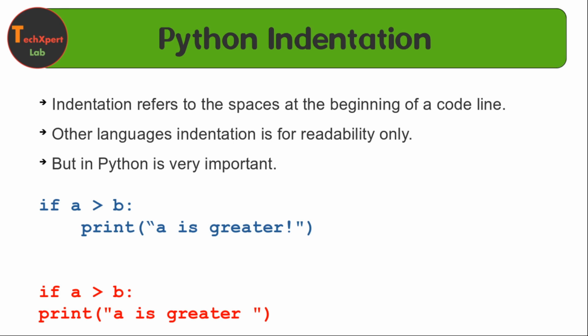If you observe carefully, there are some spaces given in front of this print statement. This is called indentation, and it should be uniform for the entire block. And if you see the red symbol in the syntax, there is no indentation, and Python is going to give you an error.